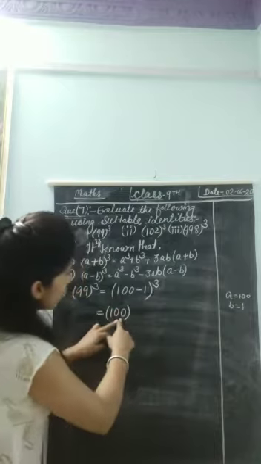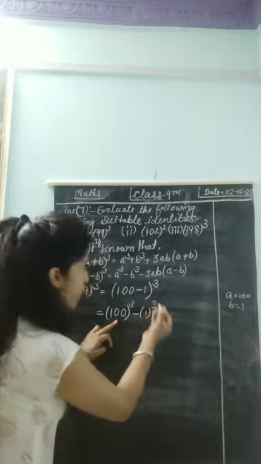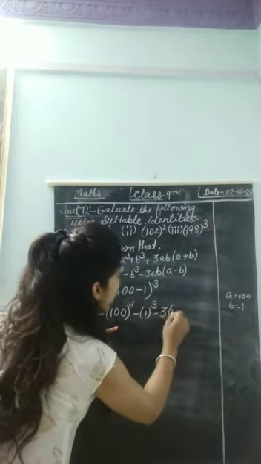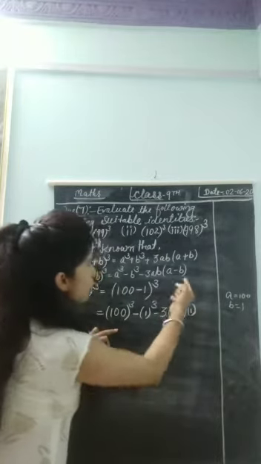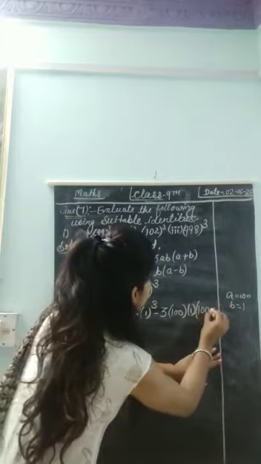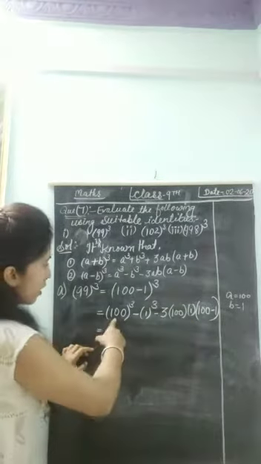Now the formula is a cube minus b cube minus 3ab into (a minus b). The value of a is 100 and the value of b is 1, so a minus b is 100 minus 1. Now solve this.